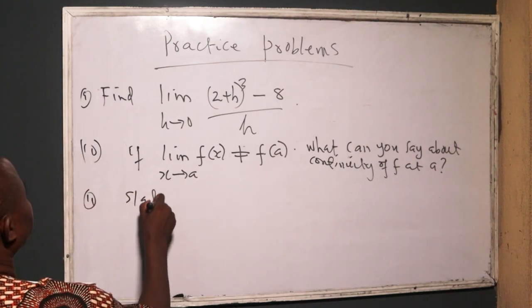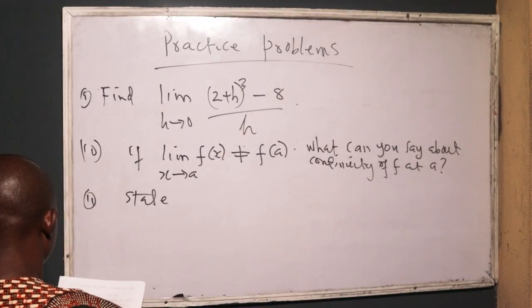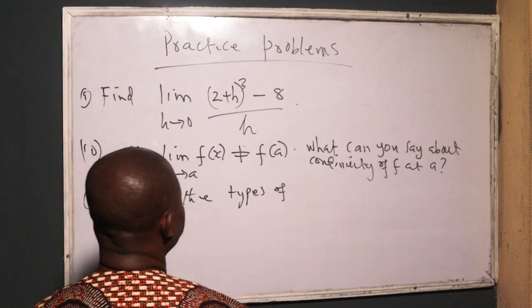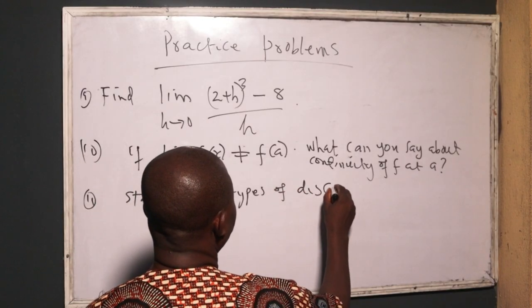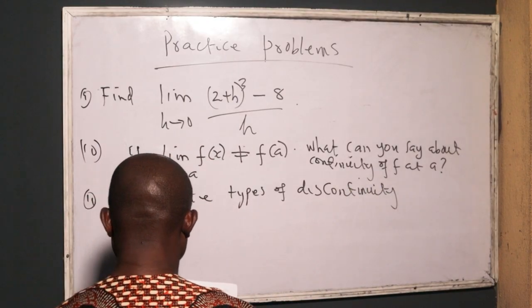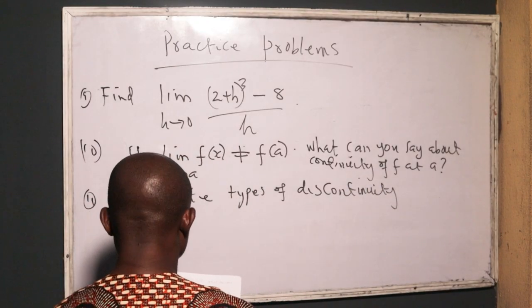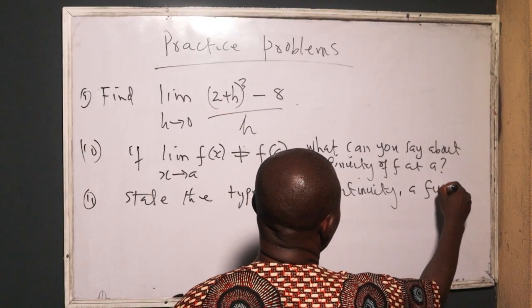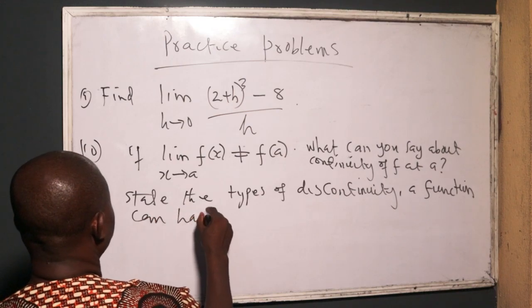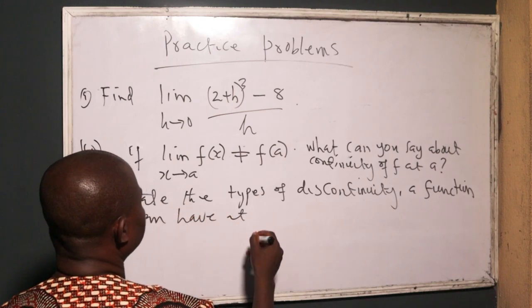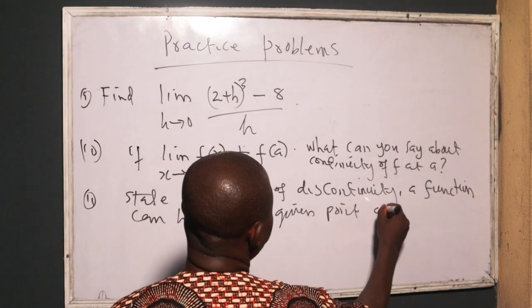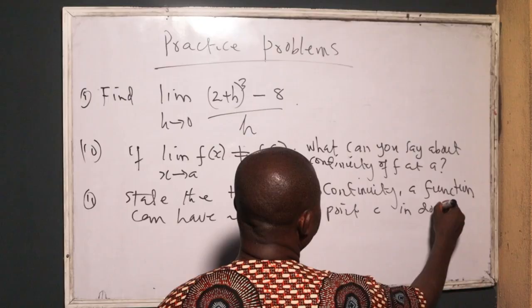So as it states, the types of discontinuity a function can have at a given point, say c in the domain of f.